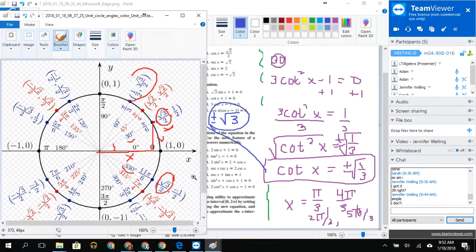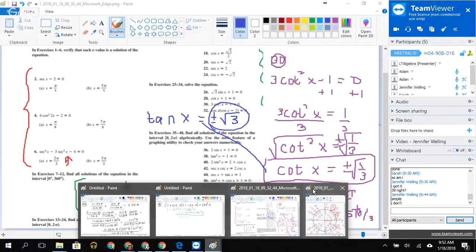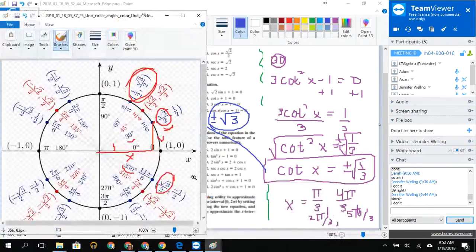So if I divide, I need a different color. Purple, there we go, that'll work. So the square root of 3 over 2 divided by 1/2 will give me just the square root of 3. So that is a possible value for my tangent, right?